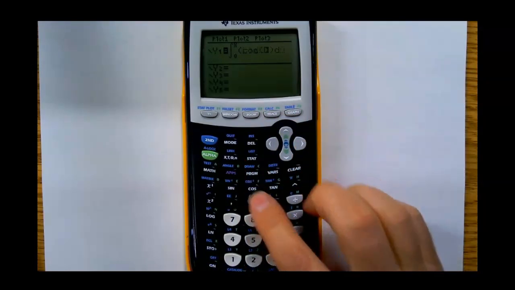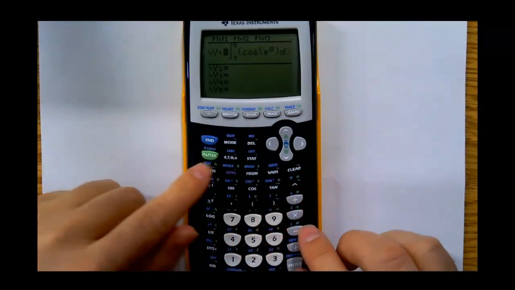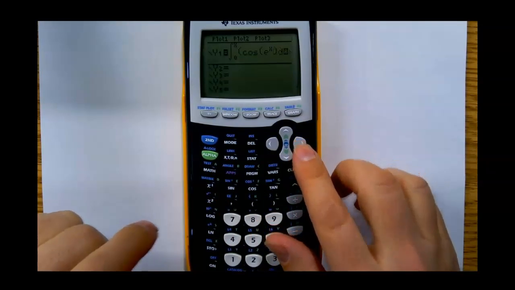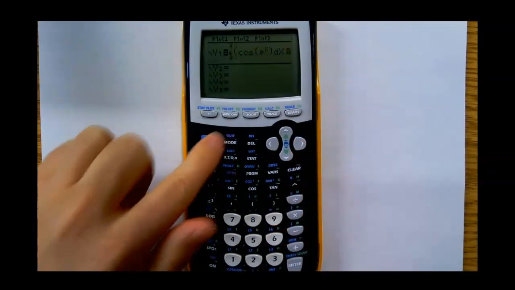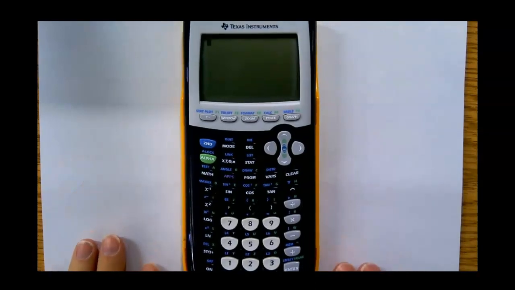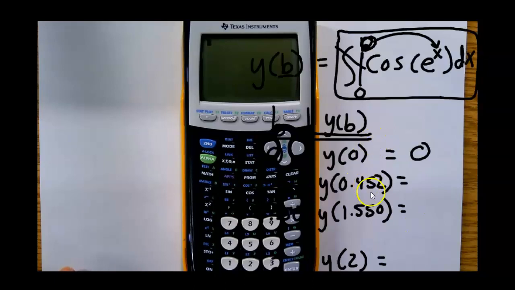And we're doing cosine of e to the x power, right? Let's get out of there now, go back to the home screen. So we need to figure out what y of all these values are. So let me bring them back real quick. We want to figure out what's y of 0.452.